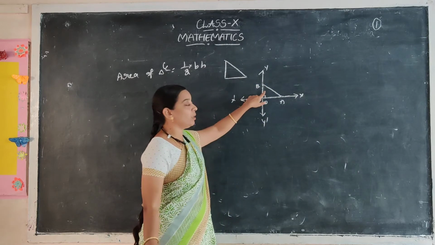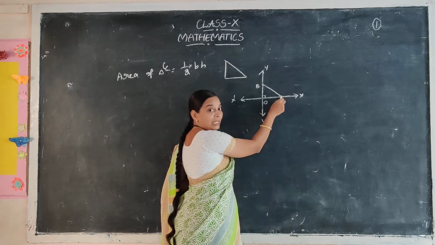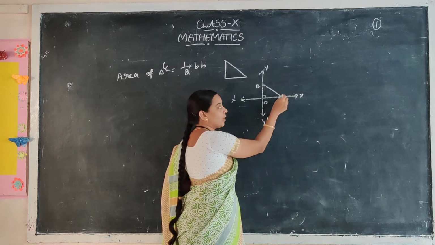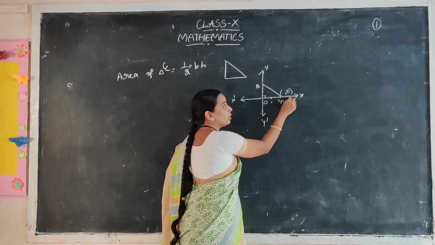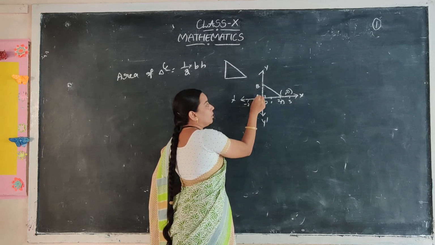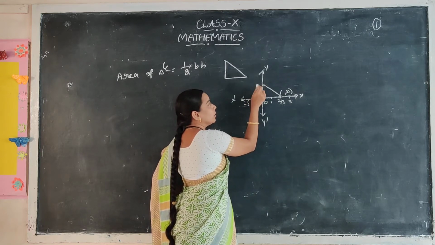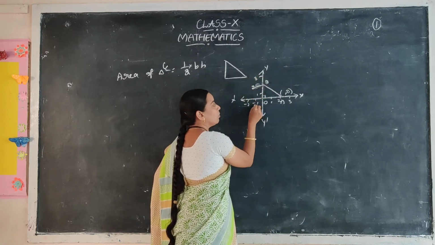How to find the area of this triangle? Now observe here, point A is on the x-axis. That means the y coordinate is 0. Suppose here 1, here 2, here 3 like that. Left side is negative, and down is negative numbers.